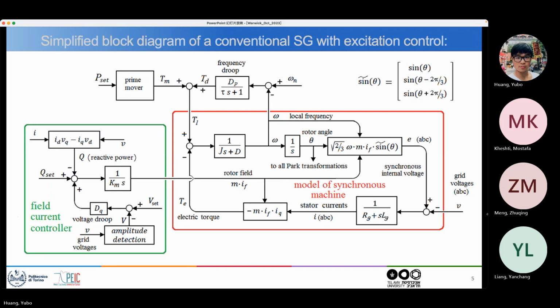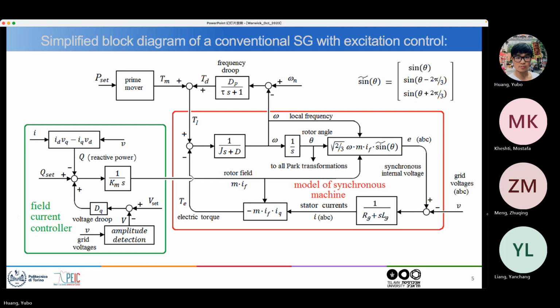And after this mechanical integration, which is called the swing equation, you get the angular velocity of the rotor, which is omega. And this you have to integrate again to get the angle of the rotor, theta.